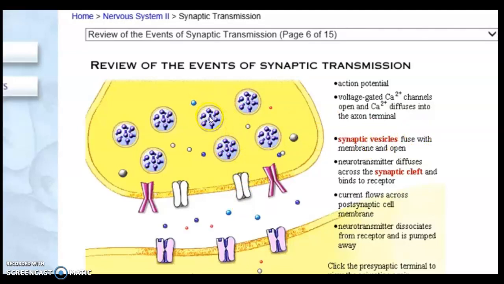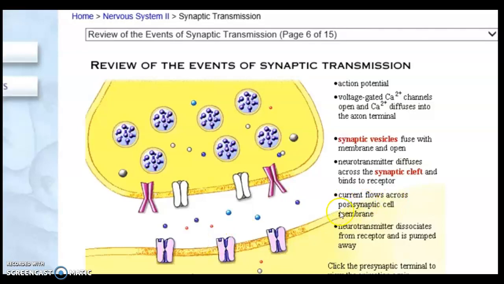So here are synaptic vesicles. The calcium triggers our motor protein to bring the vesicles down and fuse them with this membrane here. And then once they fuse to the membrane and open, our neurotransmitter, here's our neurotransmitter, is going to diffuse across the synaptic cleft and bind to our receptor right here.